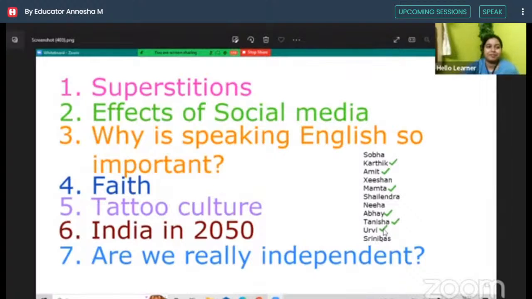Yes. Actually, Mamta has covered many topics, many points, but I want to add my opinion. Yes, definitely. How I visualize India in 2050. India is a developing country. India will be a fully developed country by 2050, and there will be equality in 2050.